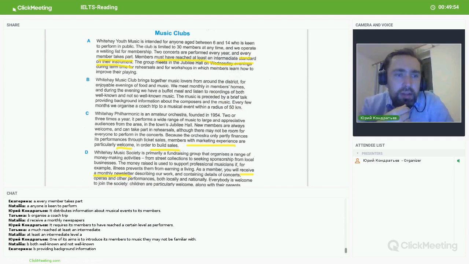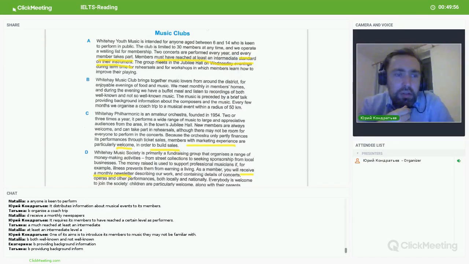B, providing background information. The background information aims to introduce members to music they may not be familiar with. So these are recordings, well, music actually, not so well known.